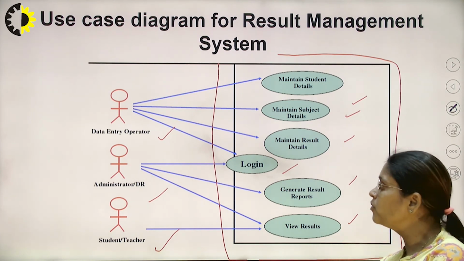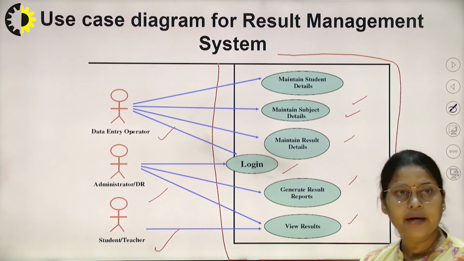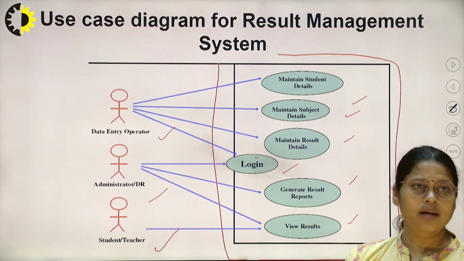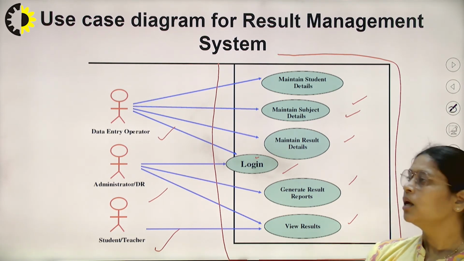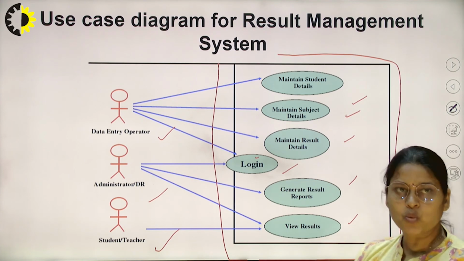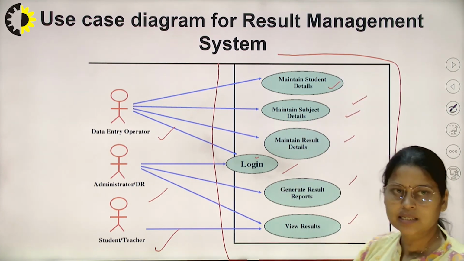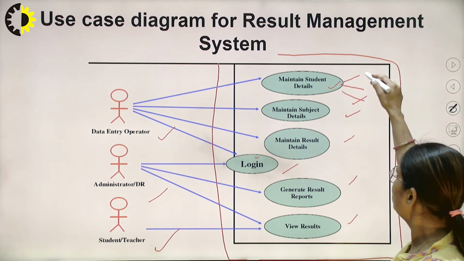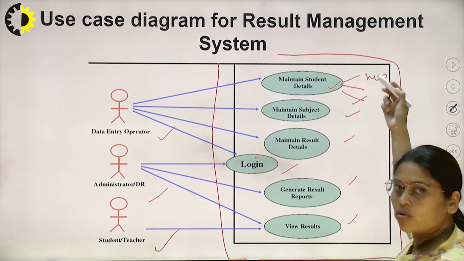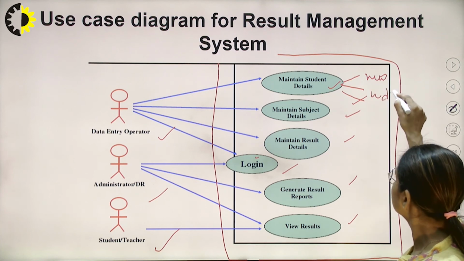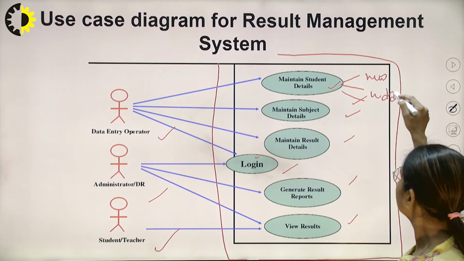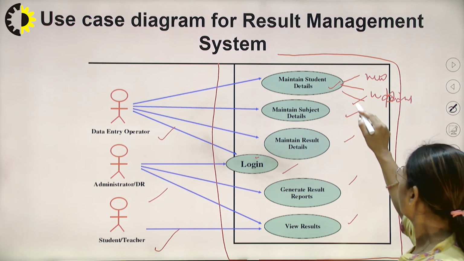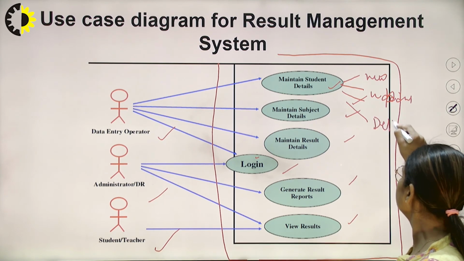Here we see that first of all, the data entry operator is responsible for the login process. First of all, he will log in to the system. Then the data entry operator is responsible for maintaining the student details. Student details means details about new students, updates, and deletion of students.